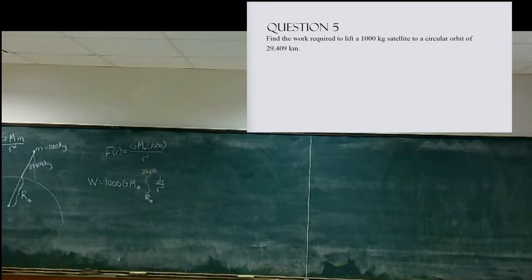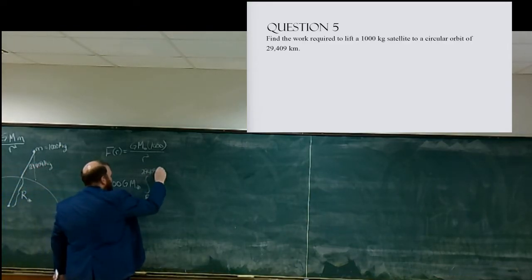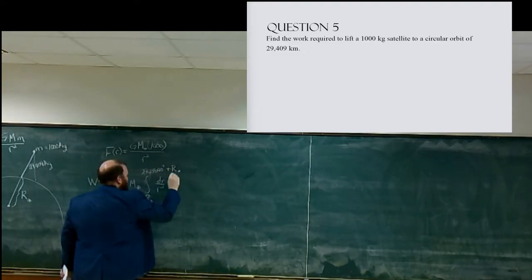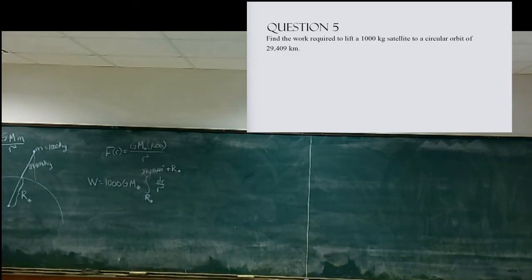We don't have SI units here. The kilometer is not SI, but the kilogram is. I need to write that as SI, which is the meter. So it's times 10 to the 3.